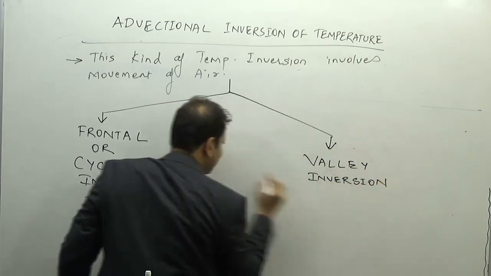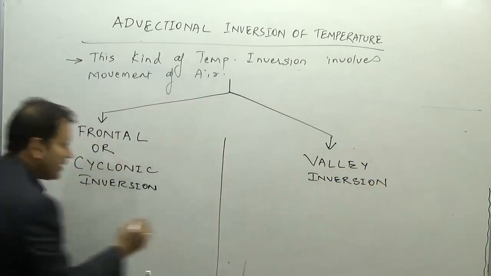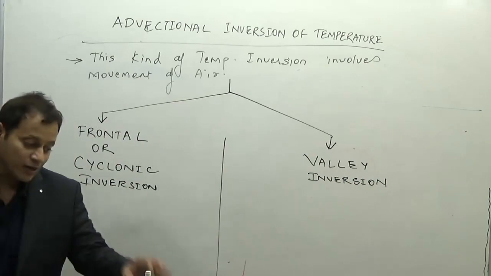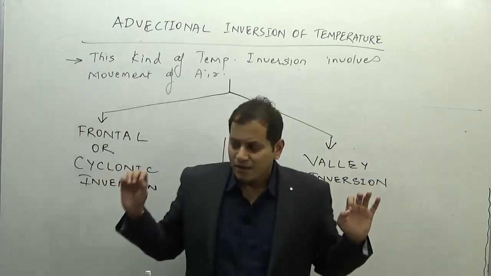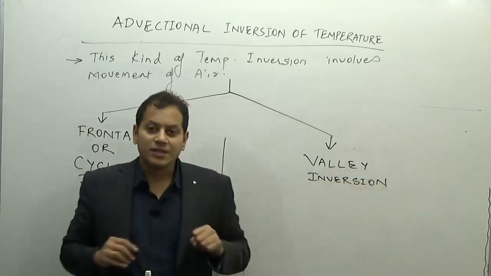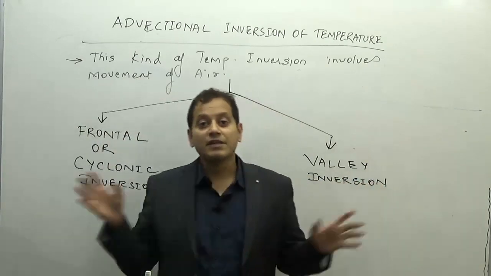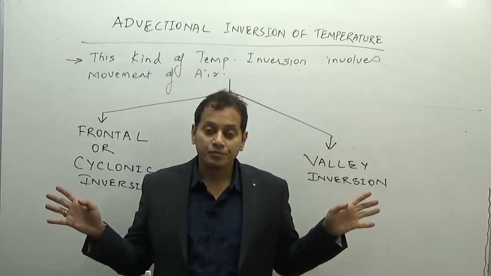So the two major types of inversion are frontal or cyclonic inversion and valley inversion. Now we will study both, and we will study valley inversion in detail, and frontal or cyclonic inversion I will tell you while doing the cyclones.